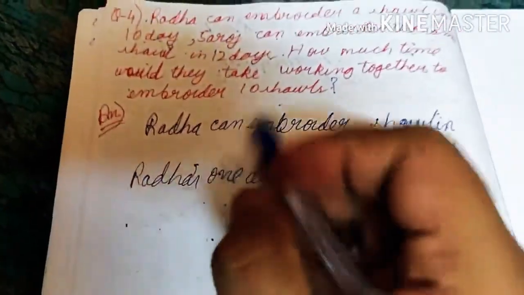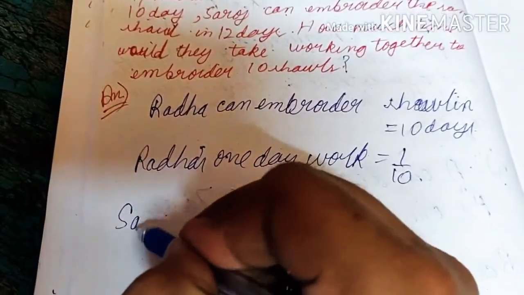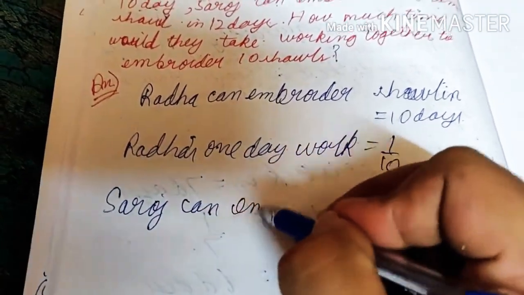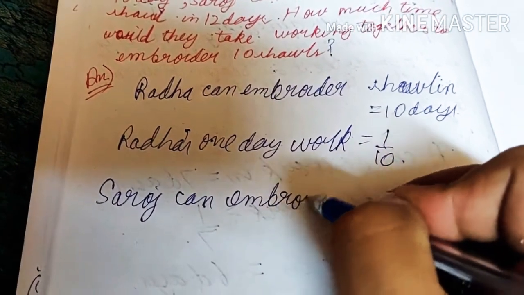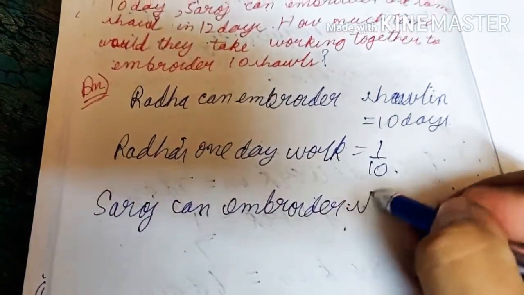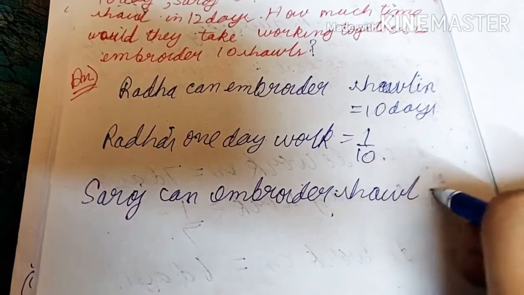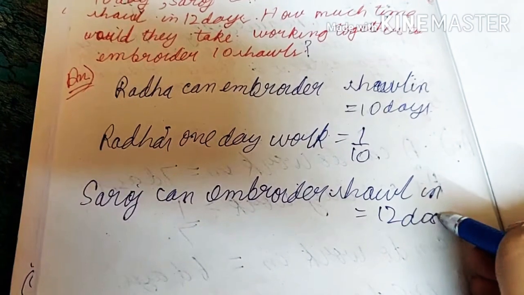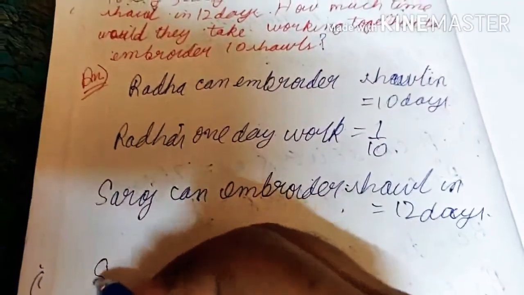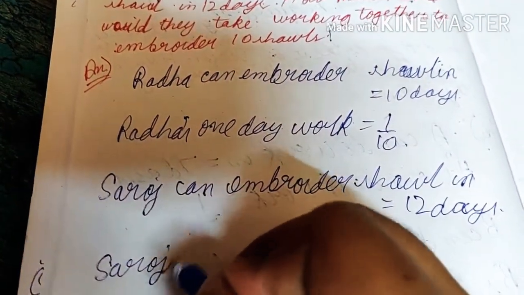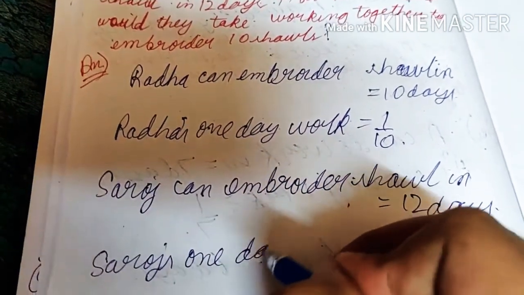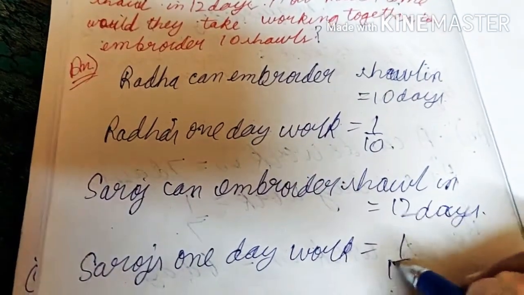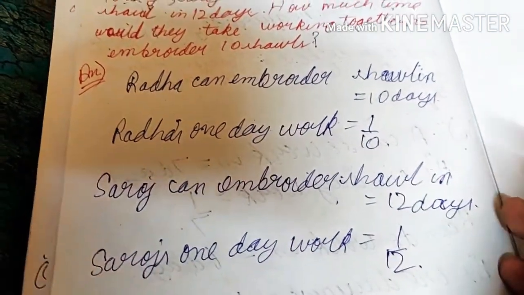Then Saroj can embroider the shawl in 12 days. Saroj's one day work is 1 by 12. Okay, then what next?